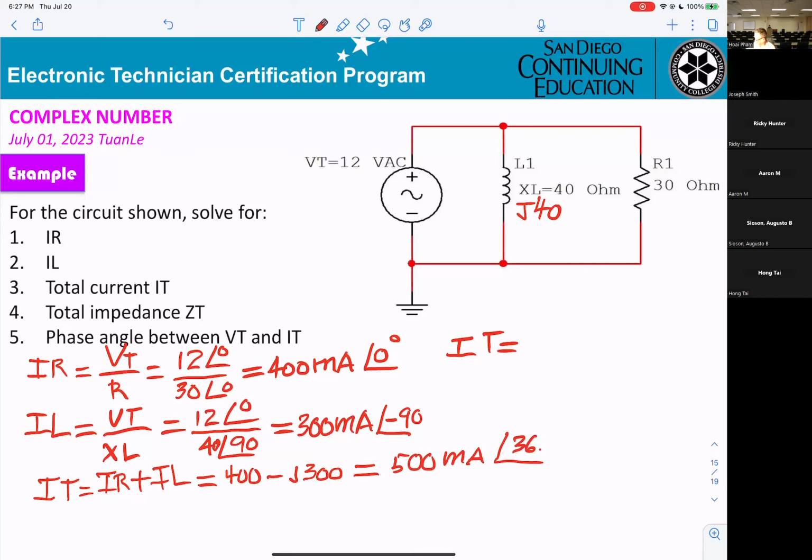Okay. And now to get ZT, you would take VT divided by IT. For VT, you have 12 at an angle of 0 divided by 500 milli at 36.9.